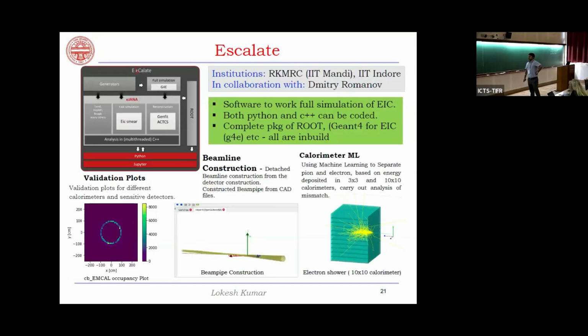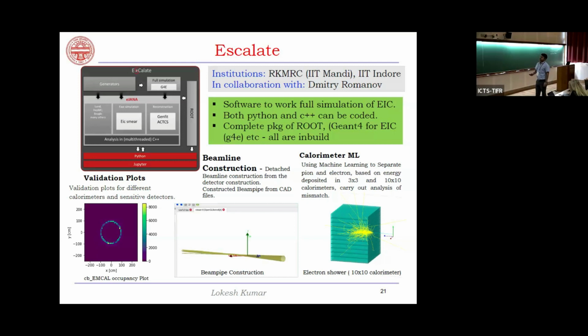Okay, so the other work which was involved is Escalate. This is Ramakrishna College. This PI has also moved to IIT Mandi now, and IIT Indore, in collaboration with Dimitri. Escalate is basically a software to do full simulation of EIC. Both Python and C++ can be coded here, and it represents a complete package of ROOT and Geant4.